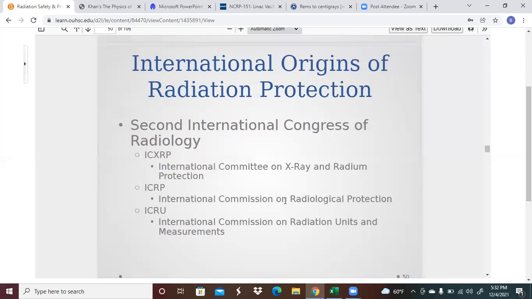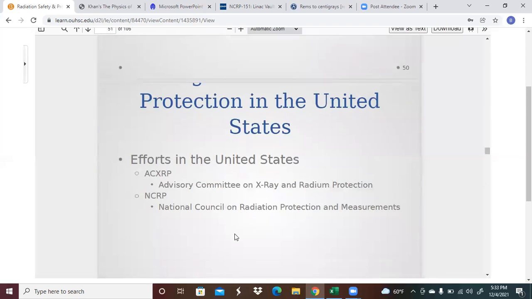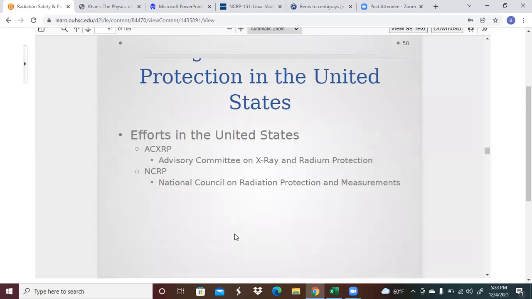The international origins of radiation protection: the Second International Congress of Radiology. So you've got the ICXRP, the ICRP, and the ICRU. So for protection in the United States, you have the ACXRP and the NCRP.